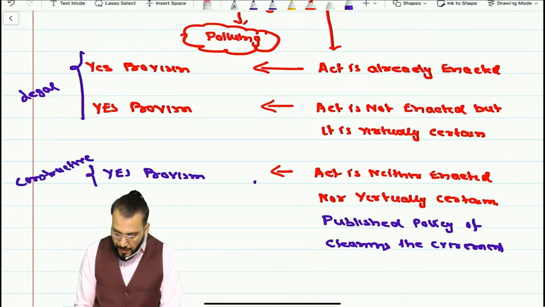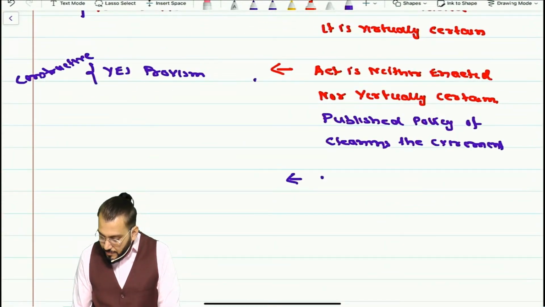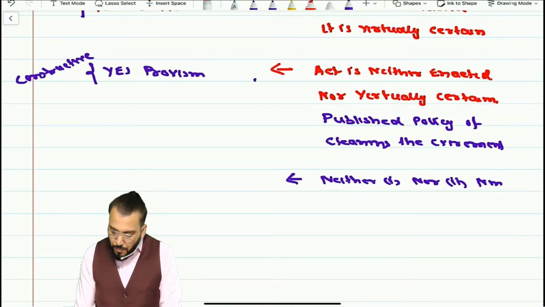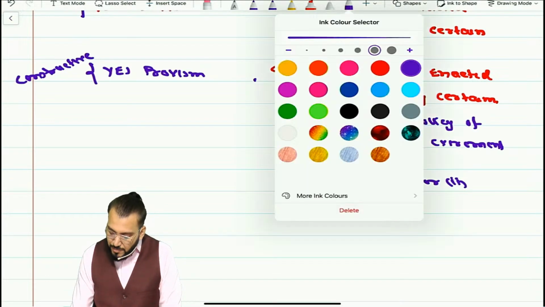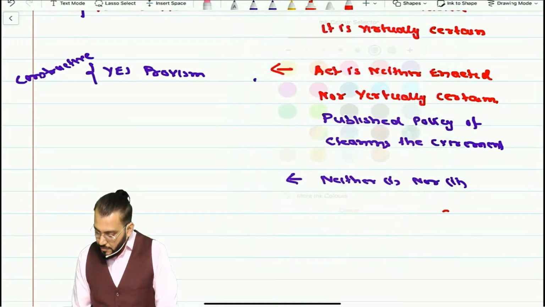Have you understood this point? If I write down the last case, neither one, nor two, nor three. Have you understood? Means the above cases do not exist. Means there is neither legal obligation nor constructive obligation.